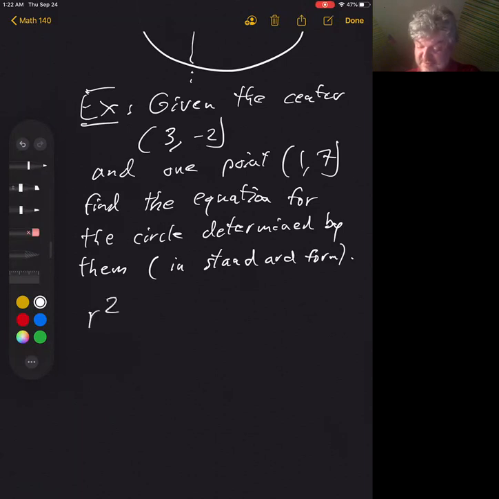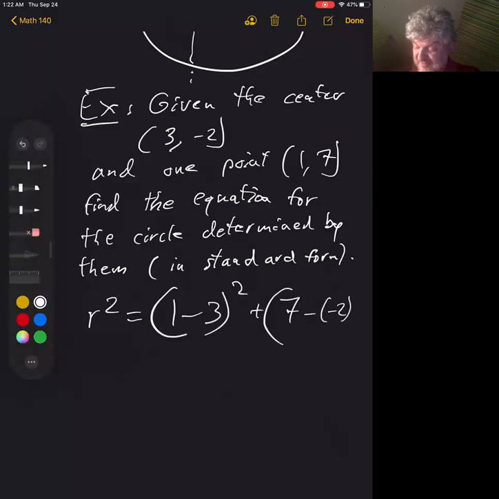Radius squared is the distance between any point on a circle, like (1, 7), and the center. So let's take that 1 and 7. Difference between x coordinates, it's (1 − 3) quantity squared. Difference between y coordinates, (7 − (−2)) quantity squared.